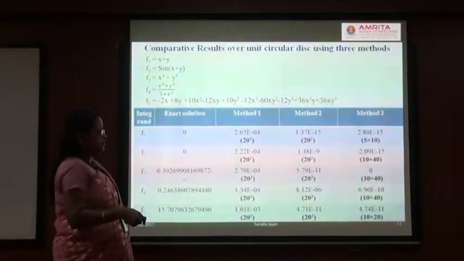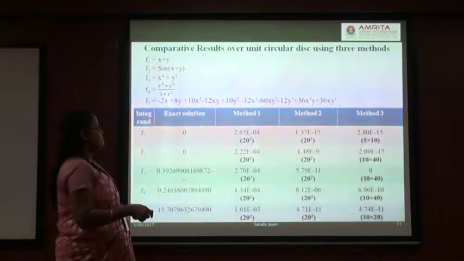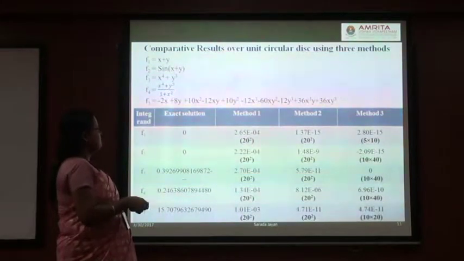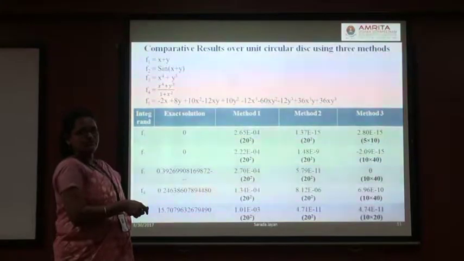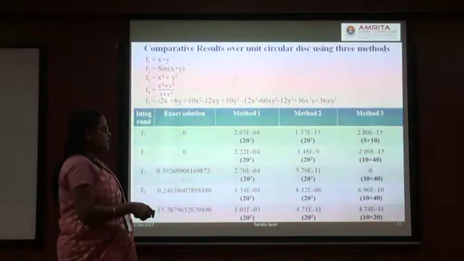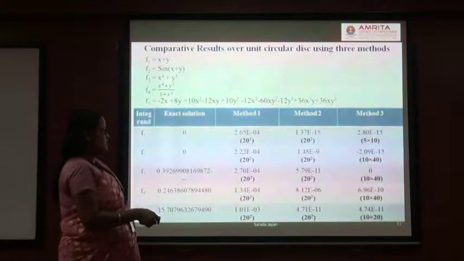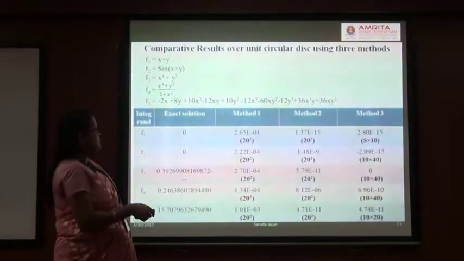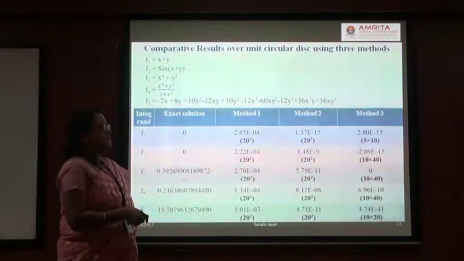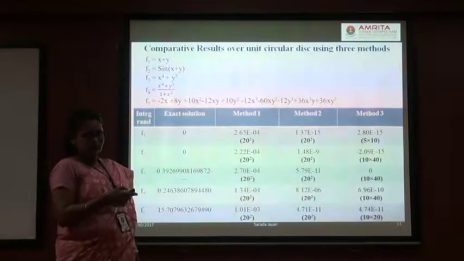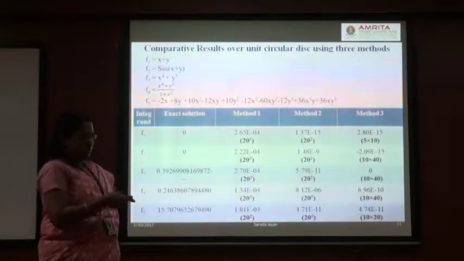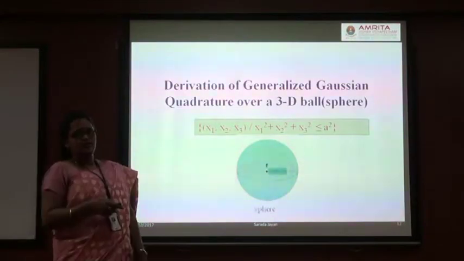So in method 3, the function evaluations are quite few compared to method 1. For example, for the first function, with only 15 nodal points we get an accuracy of up to 15 decimal places. So method 3 gives better accuracy with minimum function evaluations. We prefer method 3 compared to methods 1 and 2.